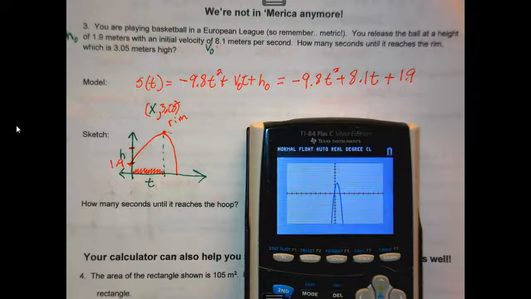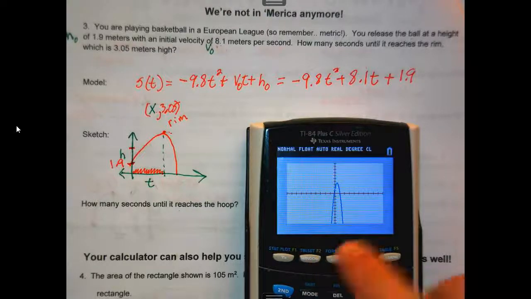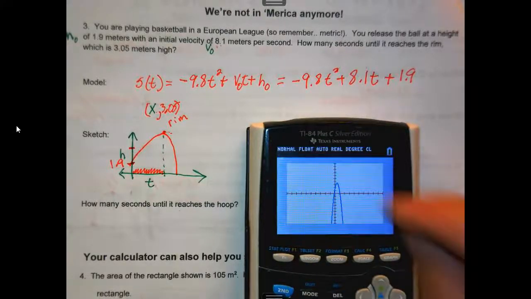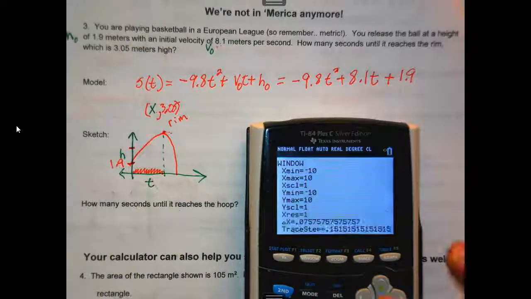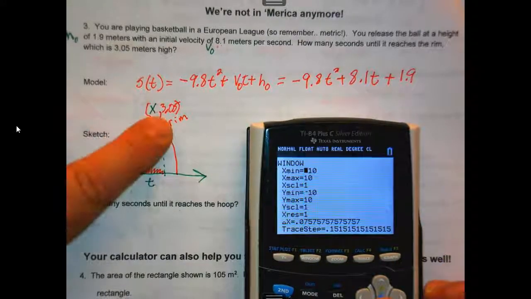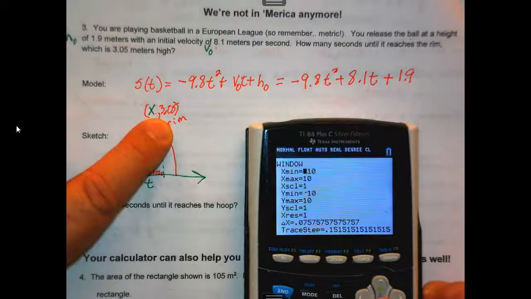Well, I can deal with this. We can zoom in closer. Now you don't have to because you could probably do it. It might be a little difficult, but I'm going to change my window a little bit. I know that we're only going to go up to 3.05 for our height. So my y max, I'm going to put it at 5. I don't need to go to negative 10.